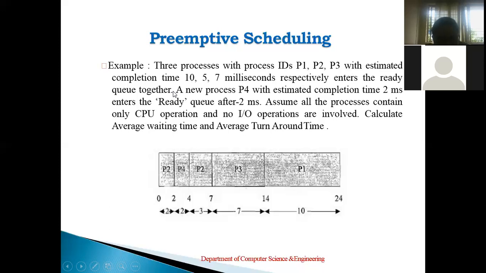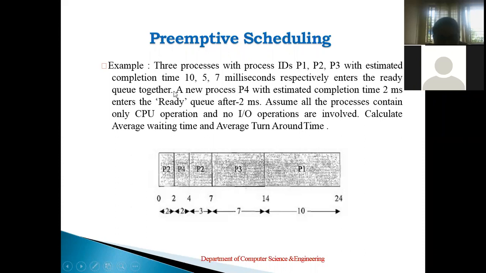Now when they enter, what will the scheduler do? When they enter, it will sort them with the shortest timing first. So here P2 has 5. Then the second in the queue is 7, that is P3, and last is P1. So like that, first it will sort the processes based on their timings.